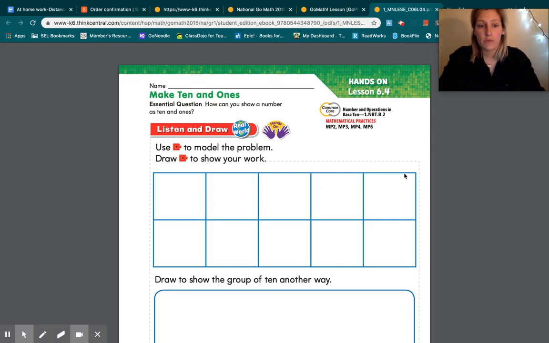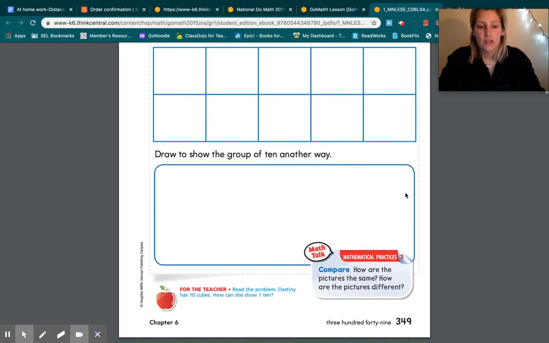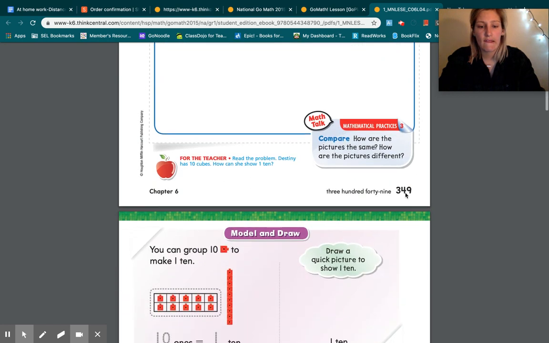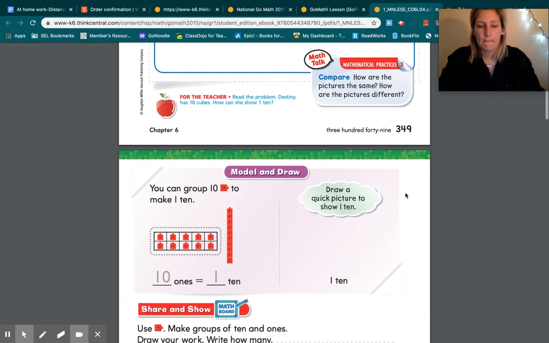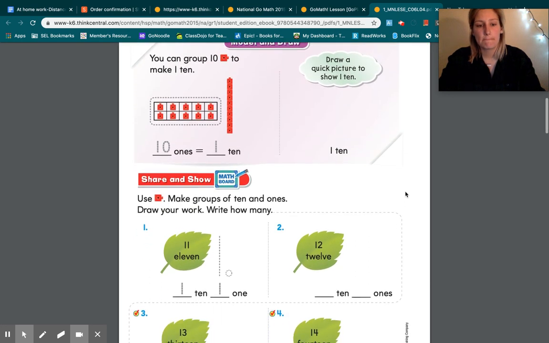So you're going to be working on this page 349, page 350, and here they want you to draw a quick picture, okay? So their example is the number 11. How many 10s and how many 1s are in 11?